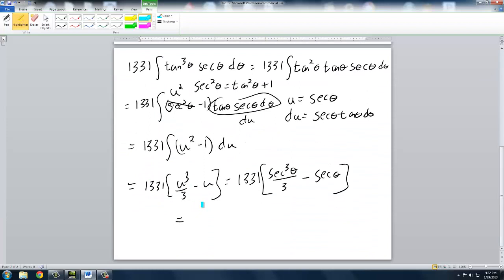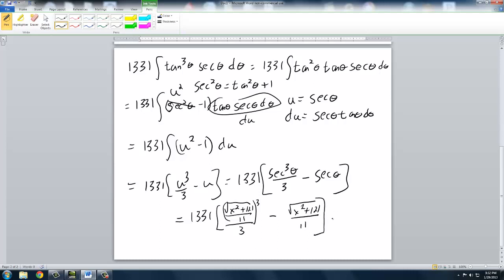So this equals 1331 times the square root of x squared plus 121 over 11, over 3, but this, of course, is cubed, minus secant theta, which is the square root of x squared plus 121 over 11.